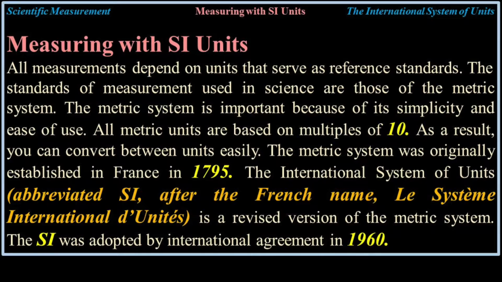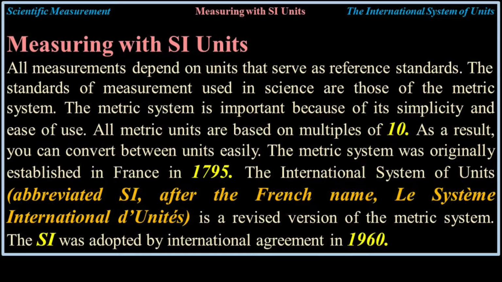Measuring with SI units. All measurements depend on units that serve as reference standards. The standards of measurement used in science are those of the metric system. The metric system is important because of its simplicity and ease of use. All metric units are based on multiples of 10. As a result, you can convert between units easily. The metric system was originally established in France in 1795.